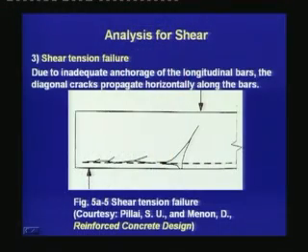It leads to an anchorage failure, and this type of failure is called the shear tension failure. Thus, the shear tension failure leads to a separation of the longitudinal bars from the concrete, which leads to an anchorage failure of the longitudinal bars.